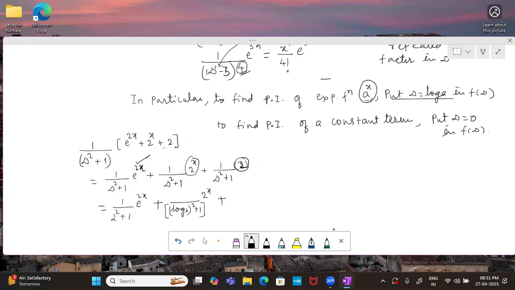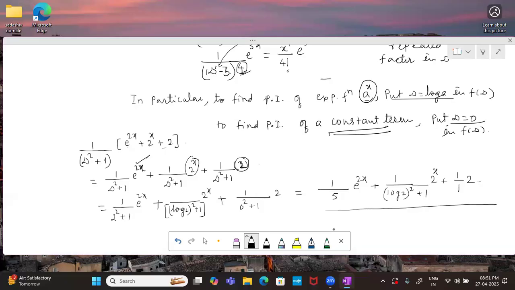And to find the PI of a constant term, directly put D is equal to 0 in the function by this rule. So it is finally 1 upon 2 square, 4 plus 1 is 5, e raised to 2x plus 1 upon, as it is, log 2 whole square plus 1 operating on 2 raised to x and plus 1 upon 1 operating on 2.